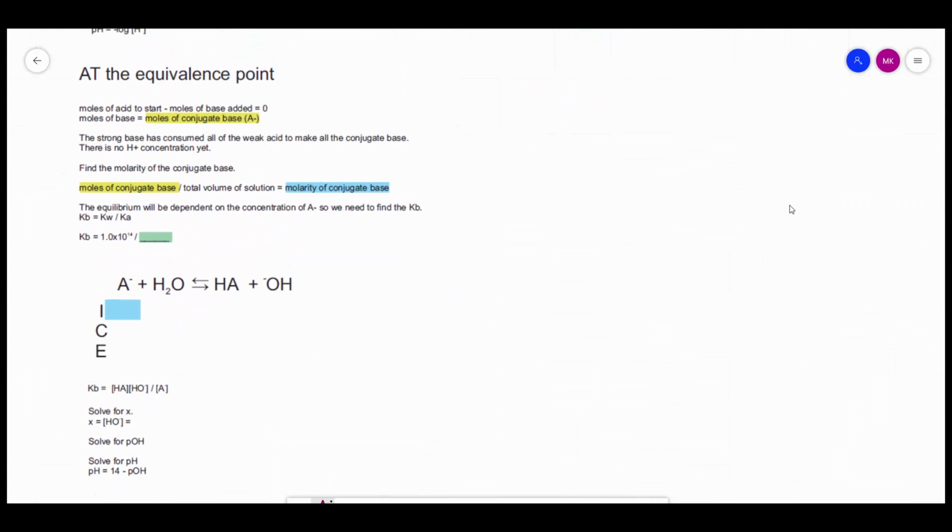So I'm going to calculate that. 19.4 milliliters times 0.130 moles per liter. I need to know how many moles that is. And that is moles of the conjugate base, 2.522 times 10 to the negative 3rd. So that goes here.